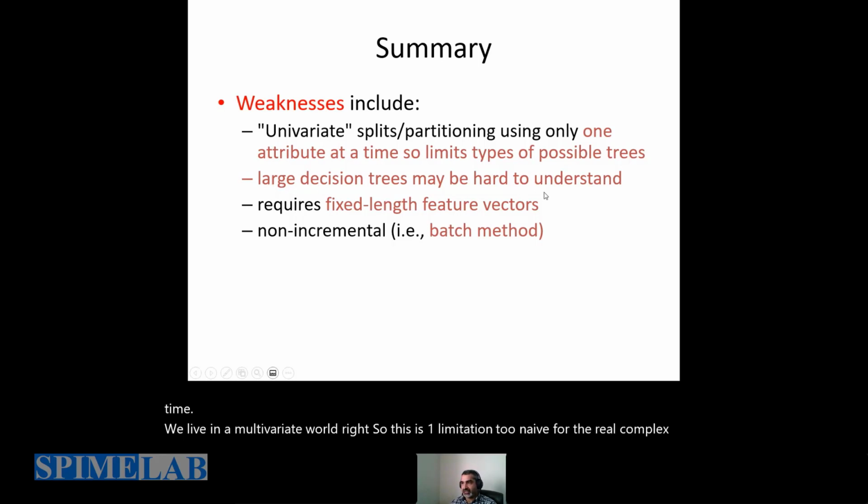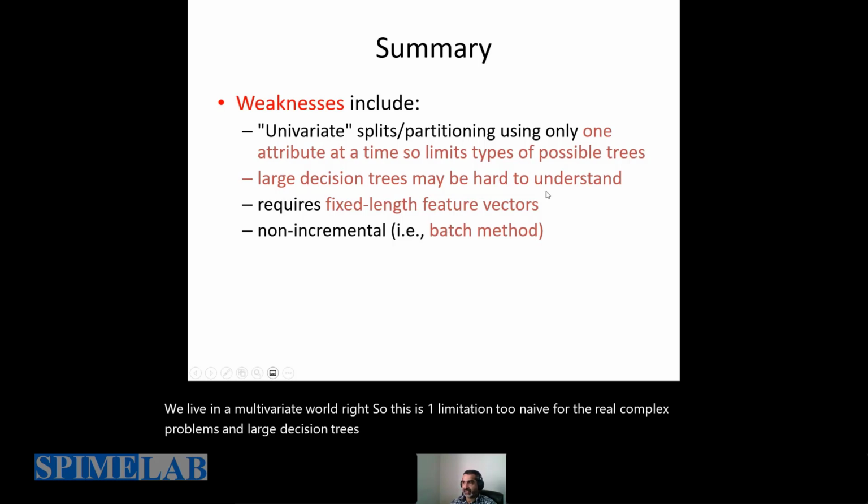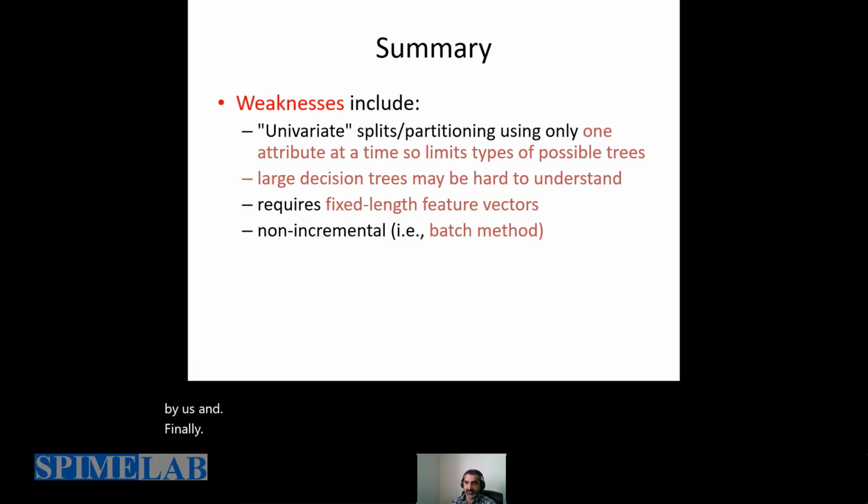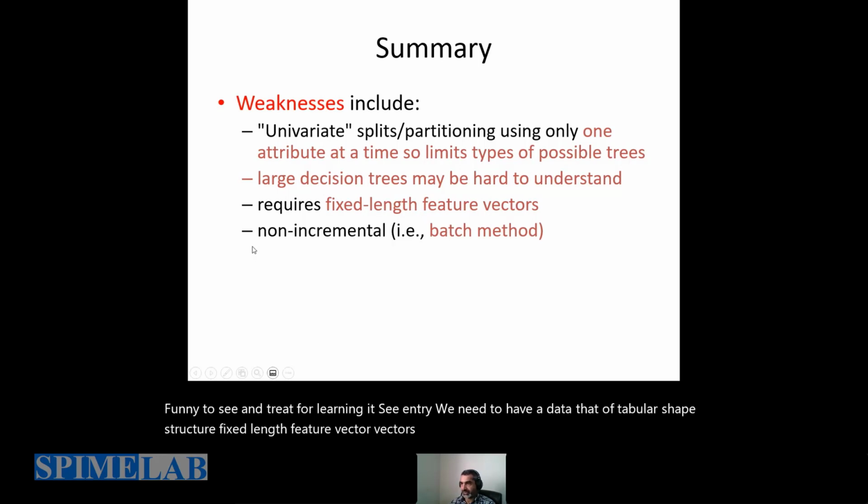And large decision trees can be produced, and they will be hard to understand by us. And finally, for learning a decision tree, we need data that is of tabular shape structure. So fixed length feature vectors is the prerequisite, and we have to have all the data. Only then we can learn.